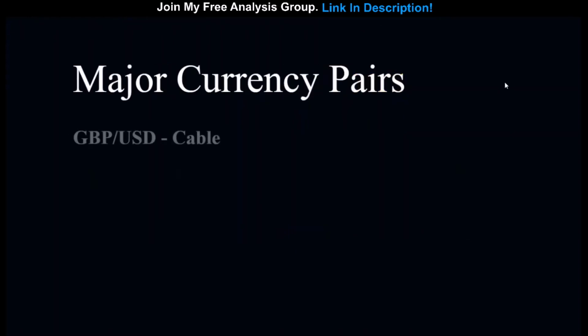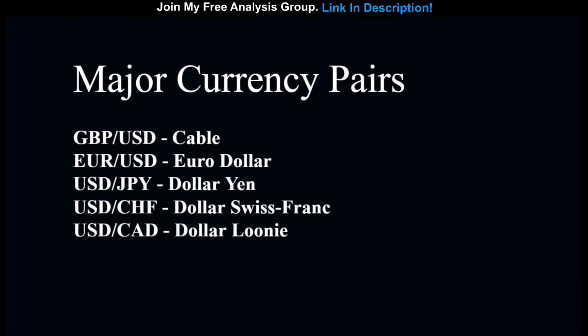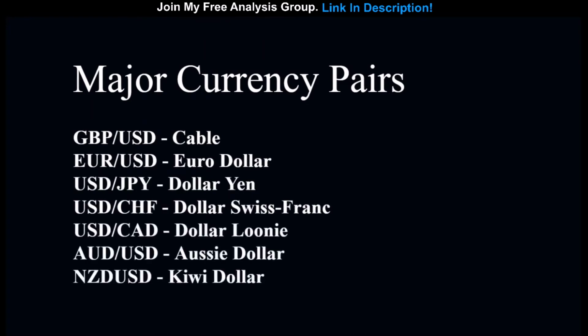All right, so let's talk a little bit about some of the major currency pairs in the foreign exchange market. And by major, I basically just mean that these are some of the most heavily traded currency pairs within this market. And one thing you'll notice is that they all include the US dollar. So all major currency pairs that you see will include the US dollar.